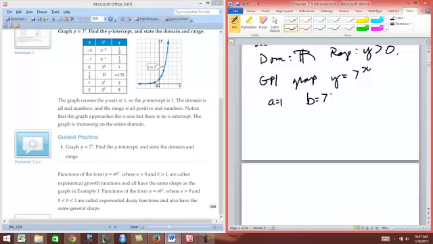And so we can see the domain is going to be all reals, and the range is going to be y is greater than 0. Okay. So let's get some graph paper on here.